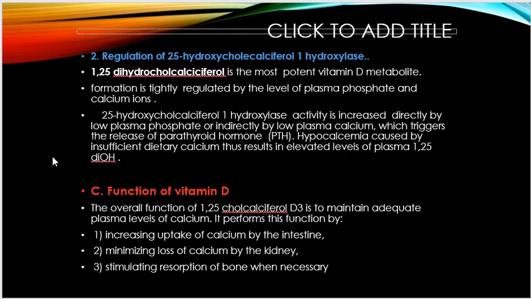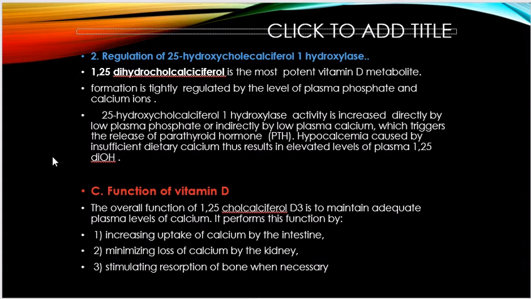And the second step is the regulation of 25-hydroxycholecalciferol 1-hydroxylase. The 1,25-dihydroxycholecalciferol is the most potent vitamin D metabolite. Its formation is tightly regulated by the level of plasma phosphate and calcium ions.